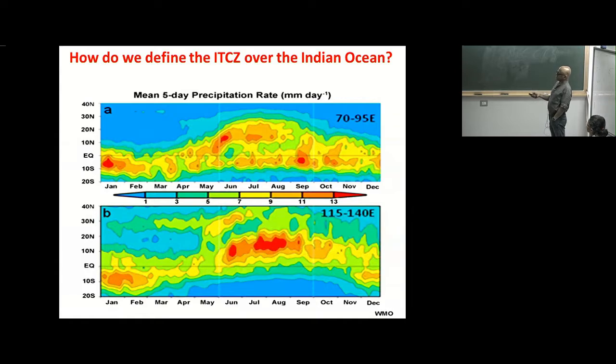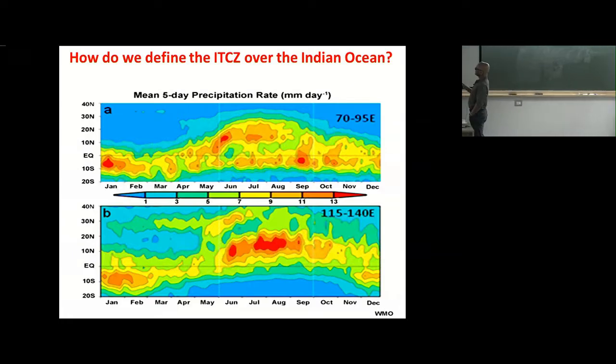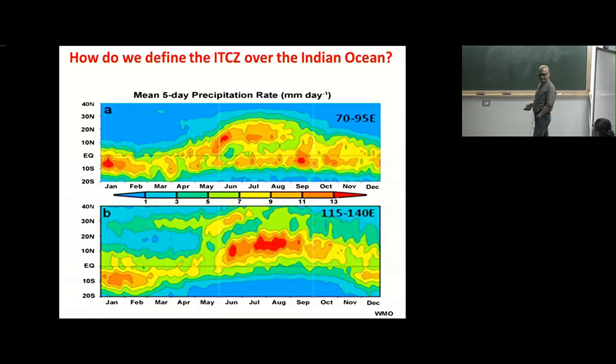Whereas here, it begins to split. Okay? So this split actually happens earlier, in March, April. By the time May comes, the ITCZ is split somewhat. So there is a convergence zone over the Indian subcontinent, what we call the monsoon trough, but the marine ITCZ also still remains there. Okay? And we are always focusing on monsoon onset as the rainfall over Kerala.